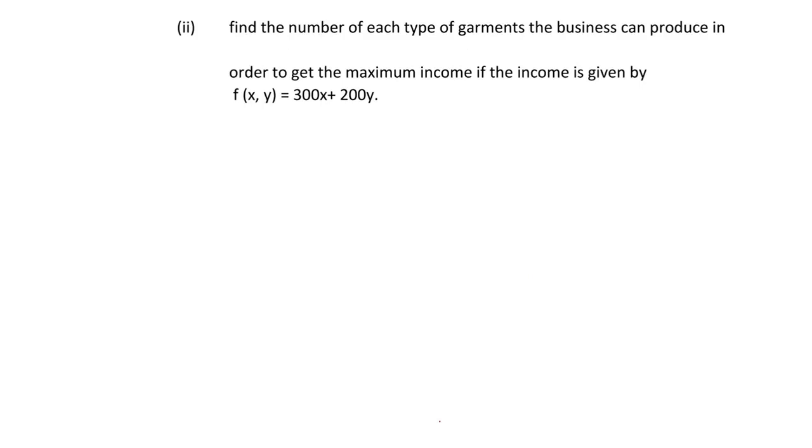For Roman 2, we are supposed to find the number of each type of garments the business can produce in order to get the maximum income if the income is given by the function f of x, y equals 300x plus 200y. For this one, we are going to use the graphical method to find the number of garments that can maximize the income.